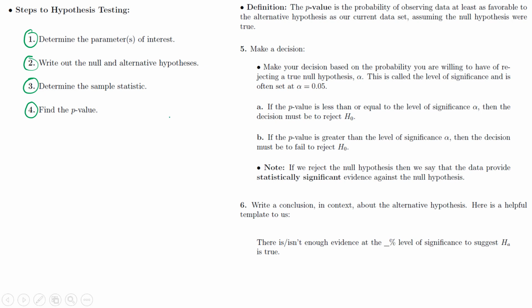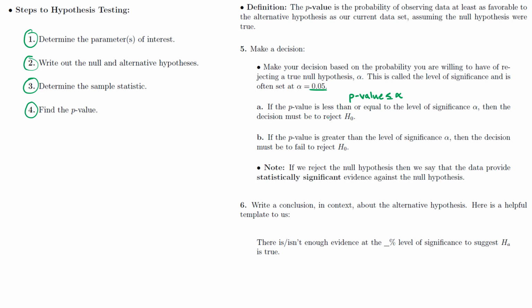And then based on that p-value, we compare it to this thing called the level of significance. And so the level of significance can be set at whatever we want to. A very typical value is 0.05. So the idea is I take my p-value, and if it happens to be less than or equal to that level of significance, in this case 5%, then that means that we would reject the null hypothesis.